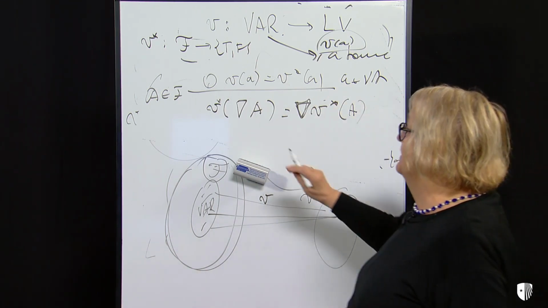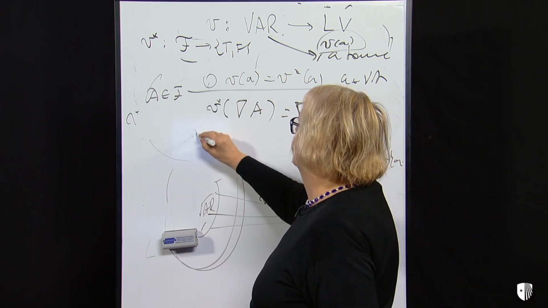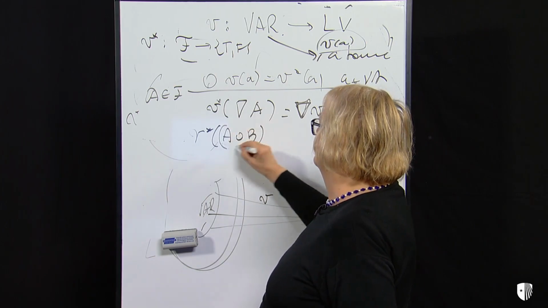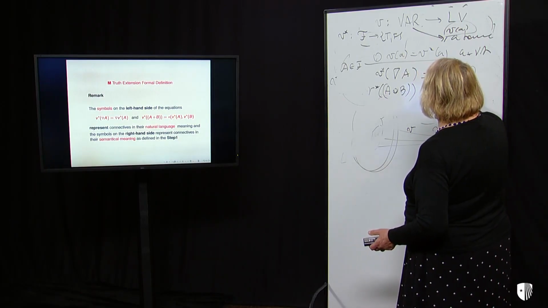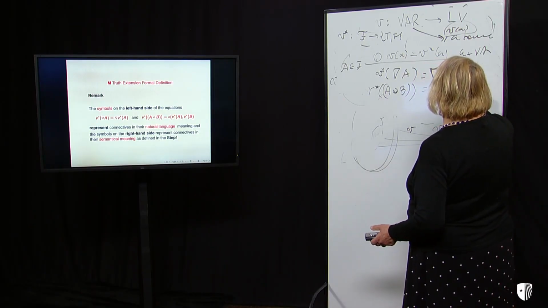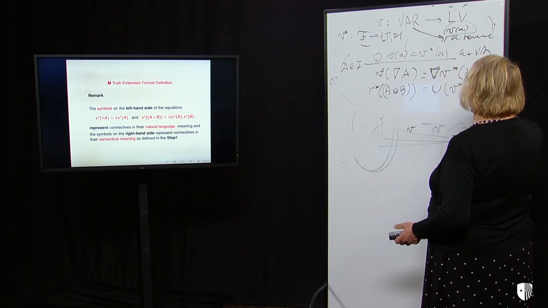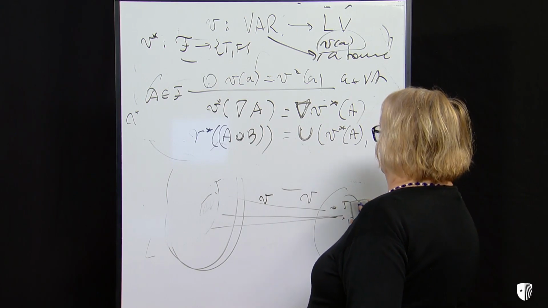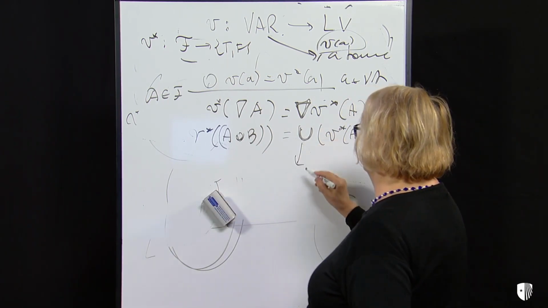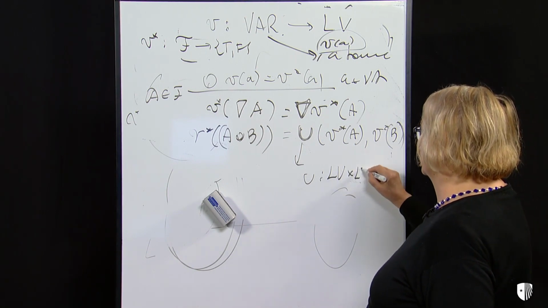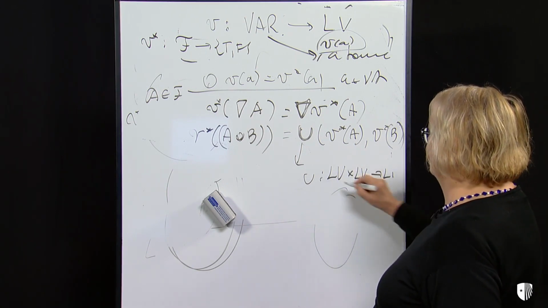And at the same time, V star of A, B, this is your formula, and I take V star of A, which I already evaluated, V star of B, and I use the definition of that connective. This is your connective, which is logical value times logical value into logical value.